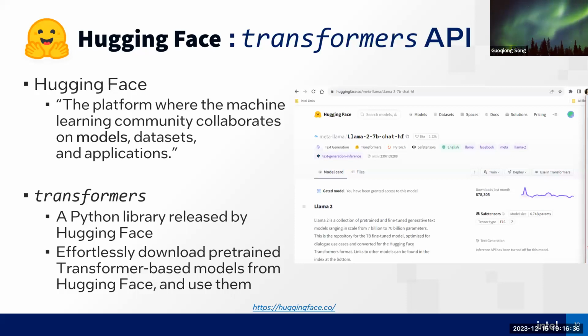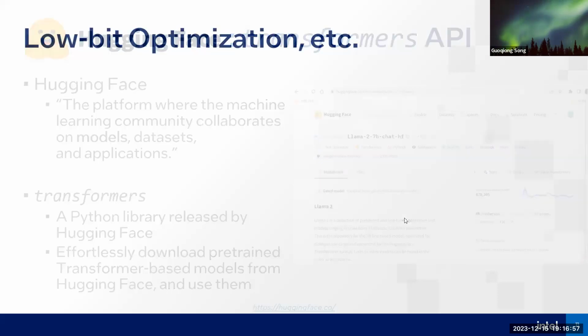Then other people can just use them. So the Transformers API is a Python library released by Hugging Face. It's effortless to download these pre-trained transformer-based models from Hugging Face and use them. This is just one example.